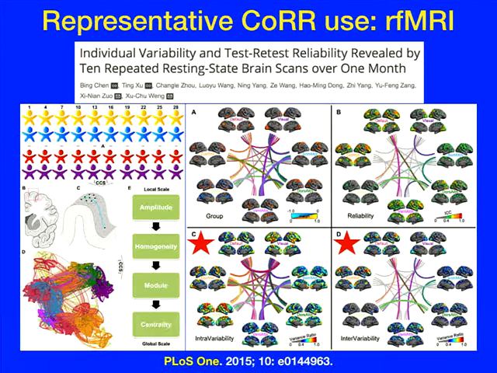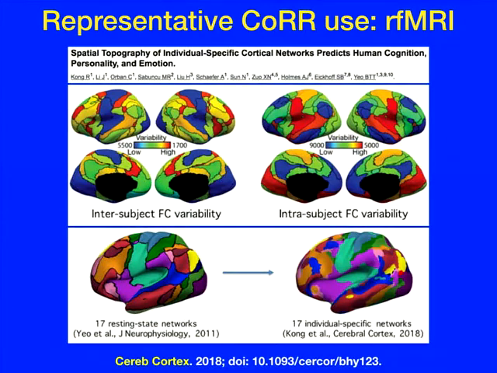But for inter-individual variability, the high values appear in high-level cognition-related areas. That's very interesting. So based on this data, Thomas Yeo's group developed a new individual-level parcellation of the brain.